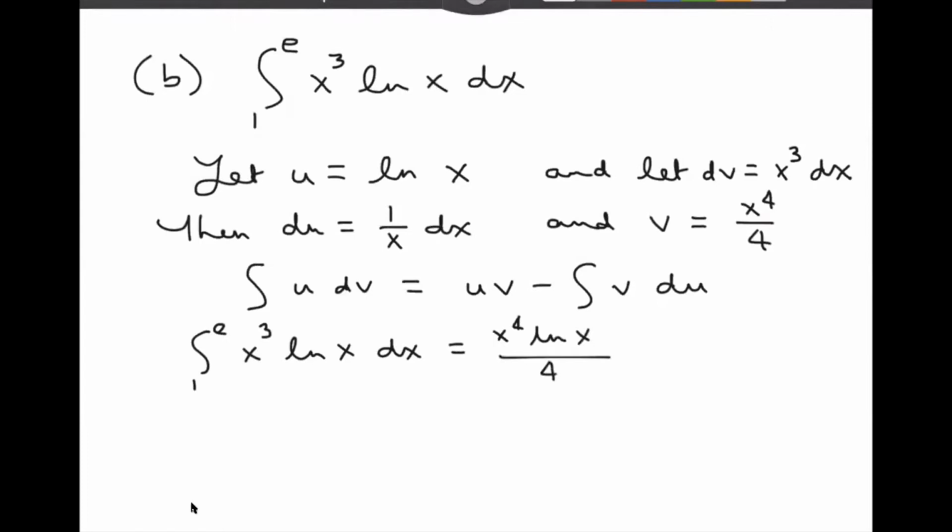So we are eventually going to plug in e and then plug in 1. But then we also have to do the integral from 1 to e of v du. And now look at the cool thing that happens. v du is x to the 4th over 4 times 1 over x. So that's just going to be x to the 3rd over 4. And I'm going to write that as 1/4 x to the 3rd dx.